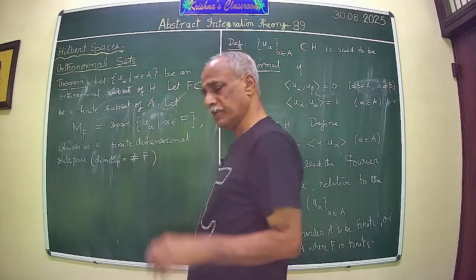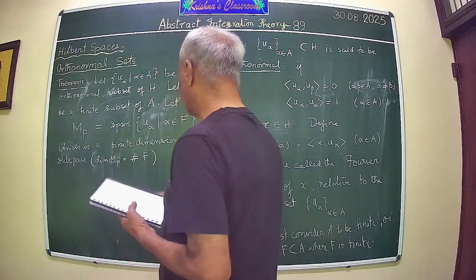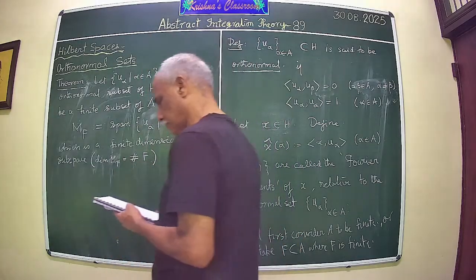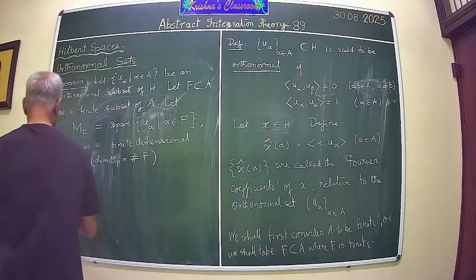Therefore, you have the dimension as the number of elements in F.